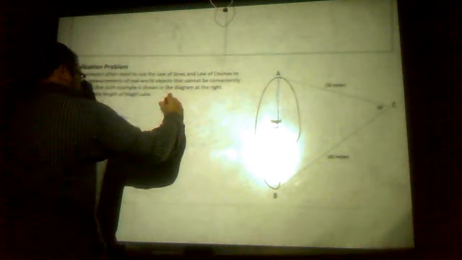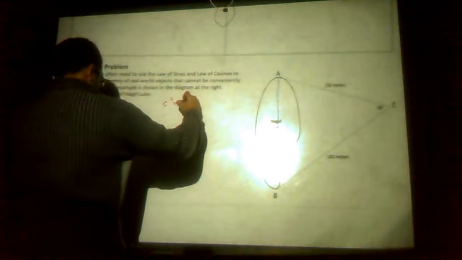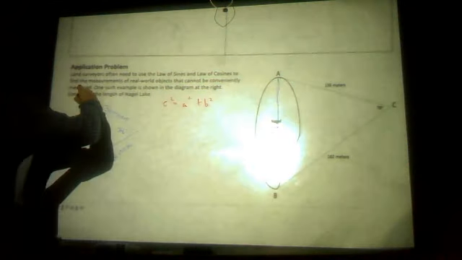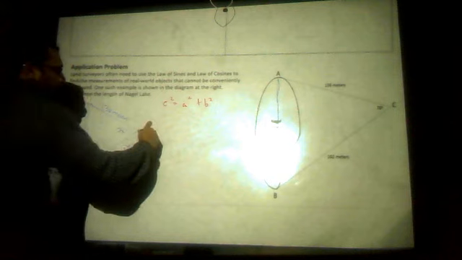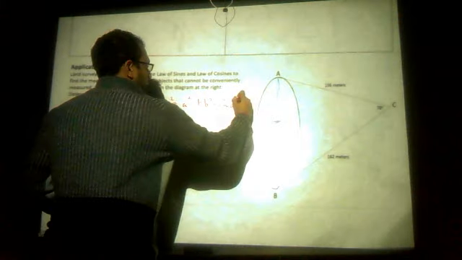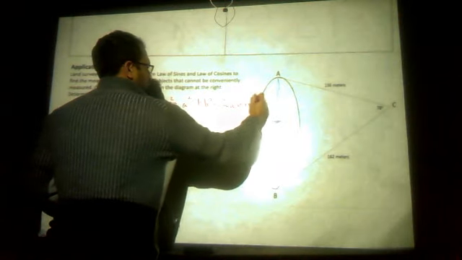So C squared is equal to A squared plus B squared minus 2AB times the cosine of angle C.